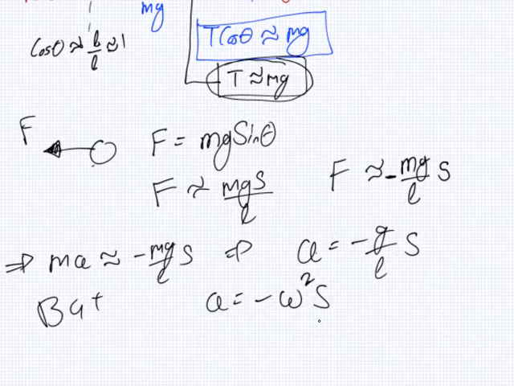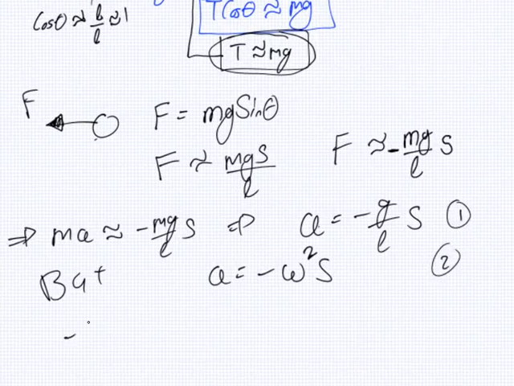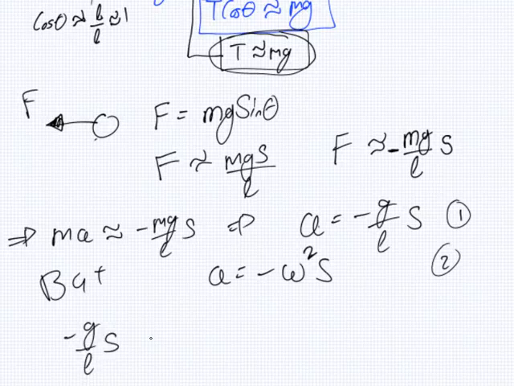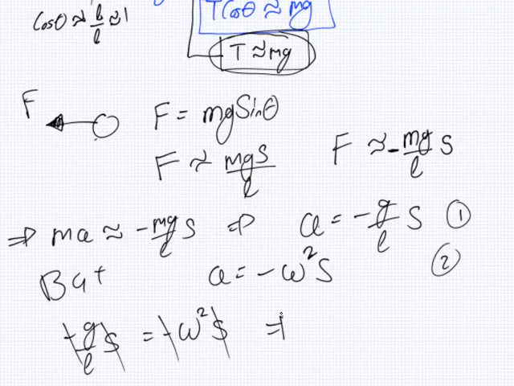So if I call this 1 and 2, and make them equal, I get minus gS over L equals minus omega squared s. What happens here? Cancel the s's, cancel the minus. So then we get omega squared equals g over L. So what does omega equal? Square root of g over L.